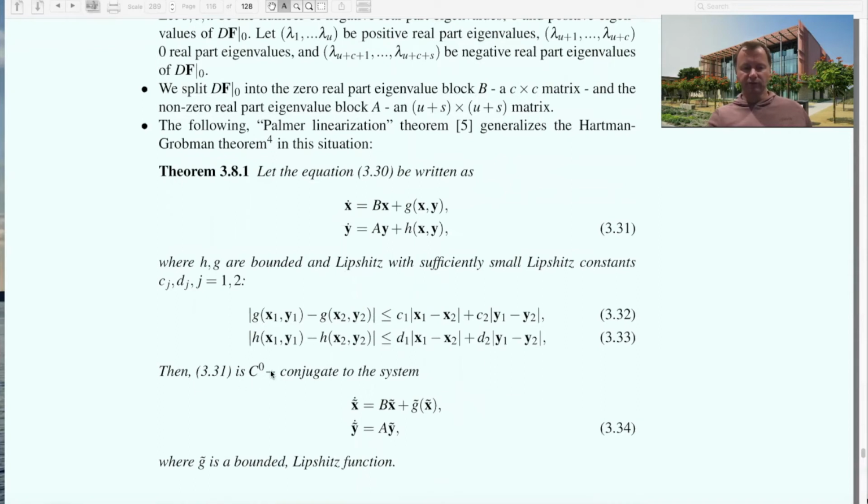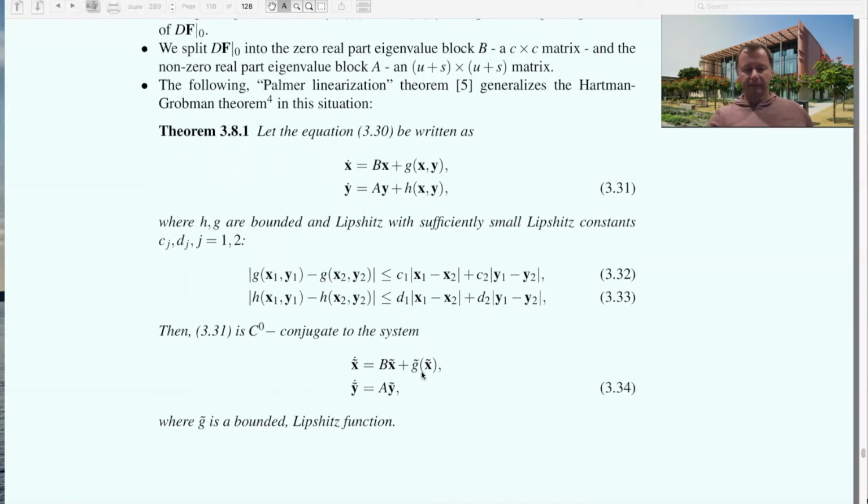And then Palmer proves that this sort of equation is C0 conjugate to this system: x tilde dot is B x tilde plus G tilde of x tilde, and y tilde dot is A y tilde. So that's really a variation of this with the same matrix B, but maybe different observables x tilde. That removes the h part from this equation here.